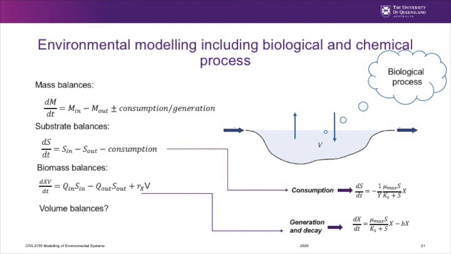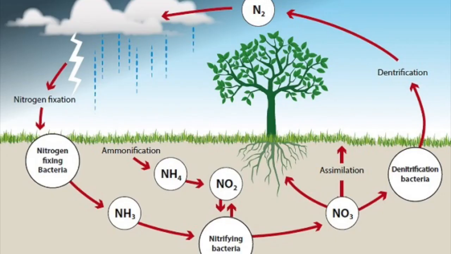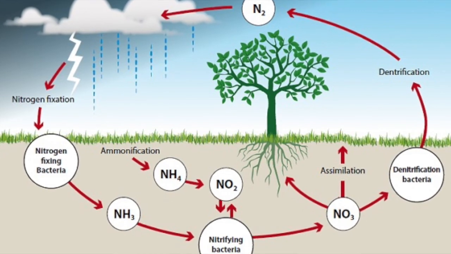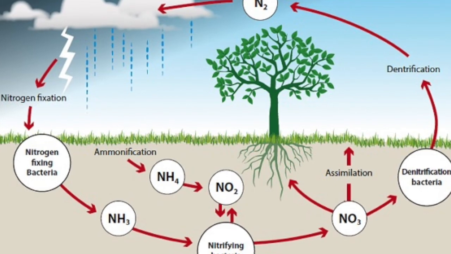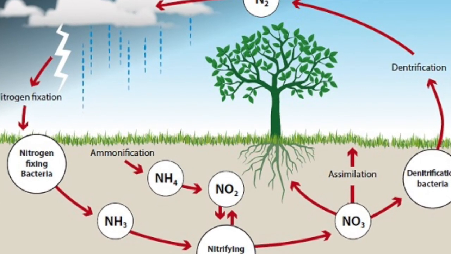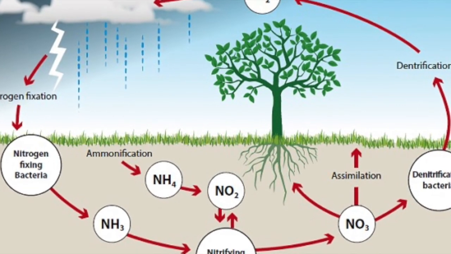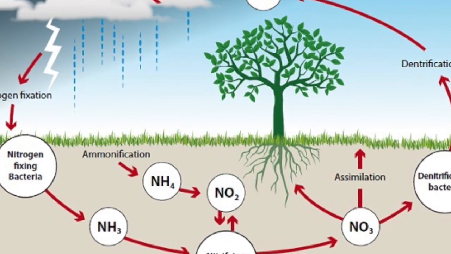If I'm talking about nitrogen as a whole, we can only have mass in and out. So better to think about one component, which can be nitrate or ammonium, for instance. Those can also be consumed or generated, because they are subject to transformations, right?